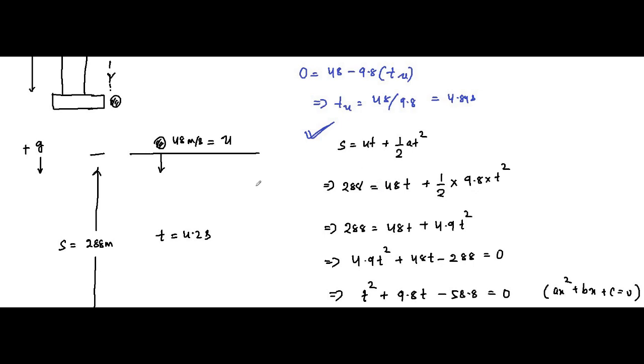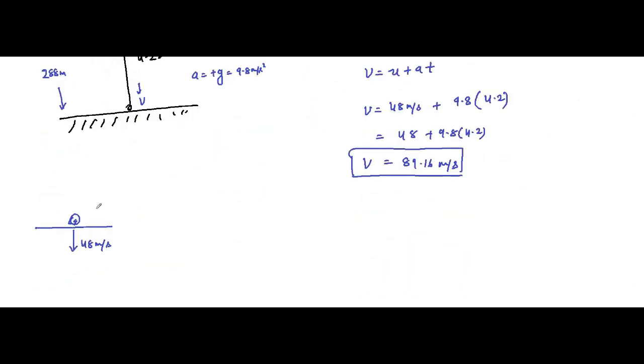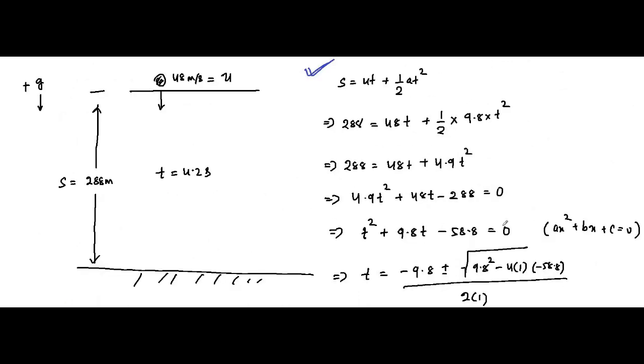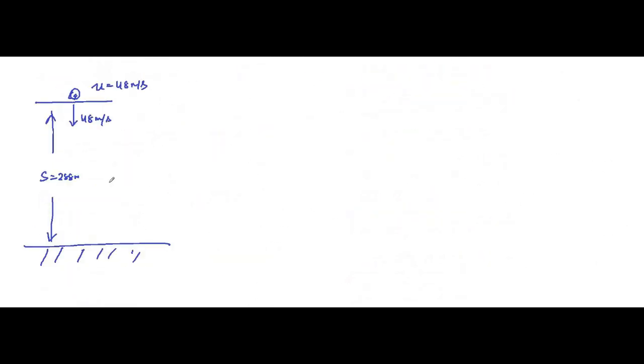In this case, the initial velocity u is equal to 48 meters per second, and the distance it will cover is 288 meters, the height of the tower, which we have done already. So it will take the same time, t equals 4.2 seconds here also.